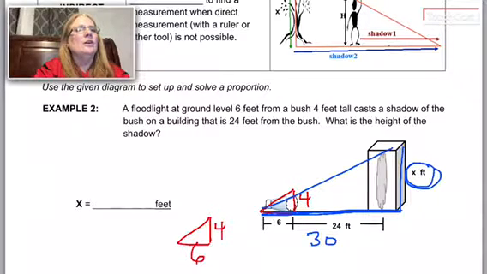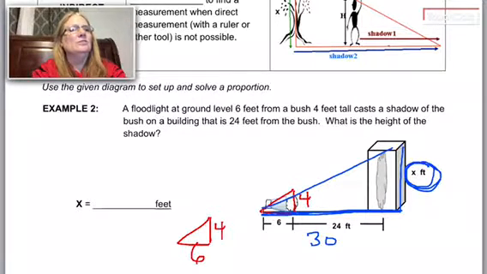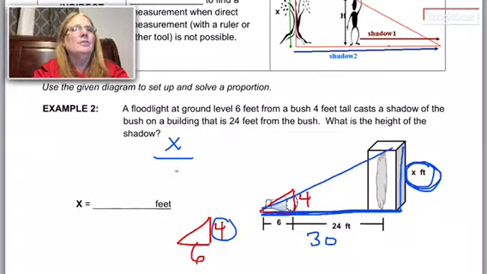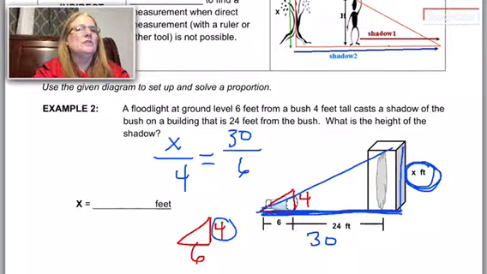This is kind of a strange question because usually when we look at shadows they're going to be on the ground, but in this one it's a little different because they're shining the light. So the x corresponds with the 4, and we set that equal to the length in the big triangle, 30, over the small triangle, which is 6.